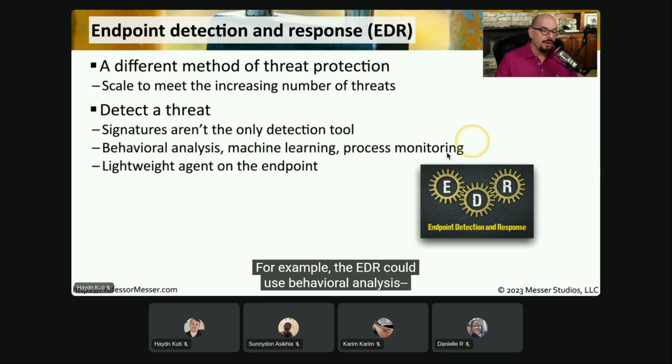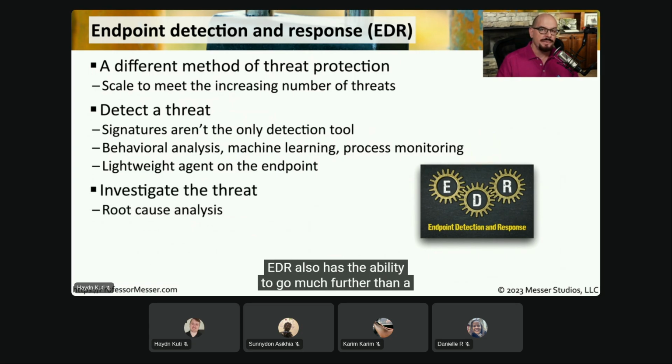For example, the EDR could use behavioral analysis, watching what the user does, watching what the applications do, and identifying when something malicious may be occurring, even though it may not have a signature for that particular piece of malware. EDR might also include machine learning for rapid identification of malware and malicious software, and process monitoring can constantly watch all of the processes running on your system, and if a new process suddenly began on your system, EDR can recognize that process and begin monitoring it for any type of malicious activity.